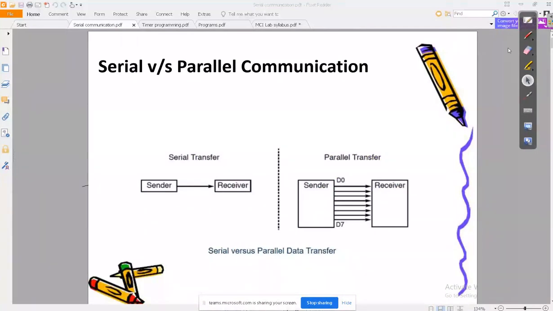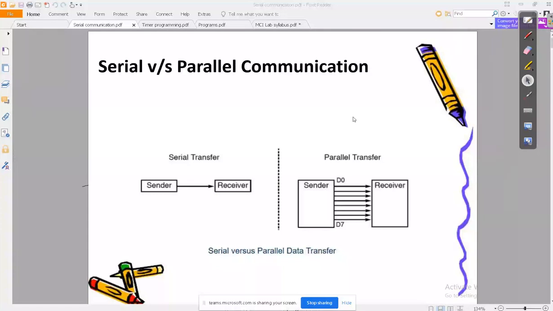Okay, just see. Before going on, what is serial communication? Serial communication is nothing but serial type of transfer. There are two types of communication: serial communication and parallel communication. You are going to study all this in the 8051 microcontroller subject.